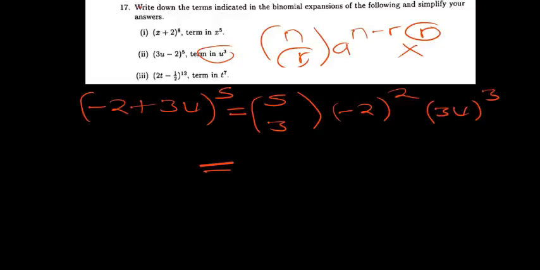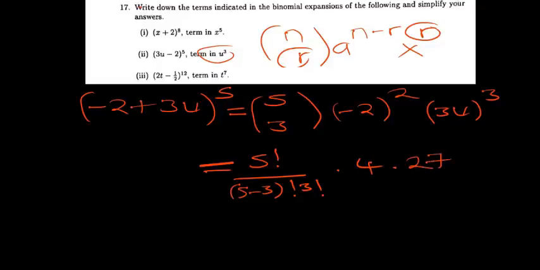This one I can even simplify. So 5 factorial over 5 minus 3 factorial, times 3 factorial. Negative 2 squared is 4. 3 to the power 3 is 27, because 3 times 3 is 9, times 3 is 27, u to the power 3.